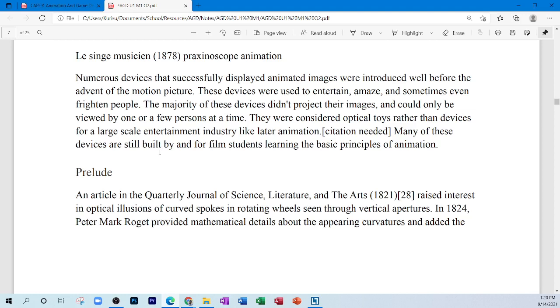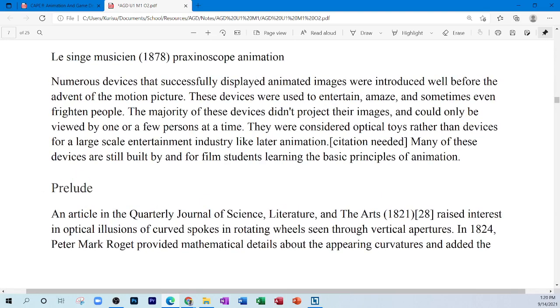The majority of these devices didn't project their images and could only be viewed by one or a few persons at a time. They are considered optical toys rather than devices for a large scale entertainment industry, like later animation. Many of these devices are still built by and for film students learning the basic principles of animation.